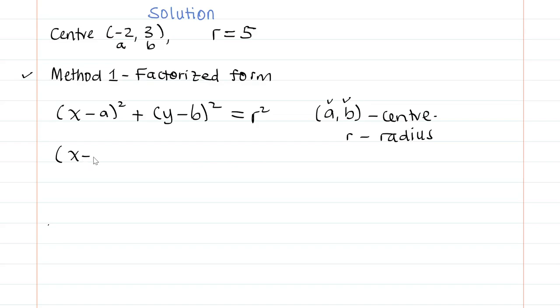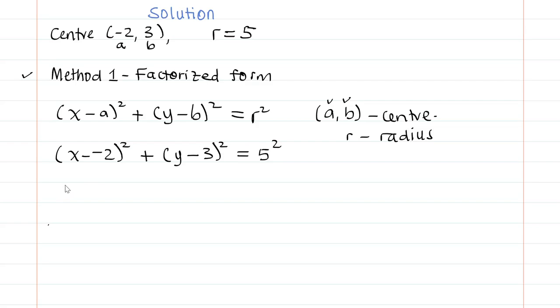So we shall say (x - (-2))² + (y - 3)² = r². What is r? R is 5, but the formula says the square of r.